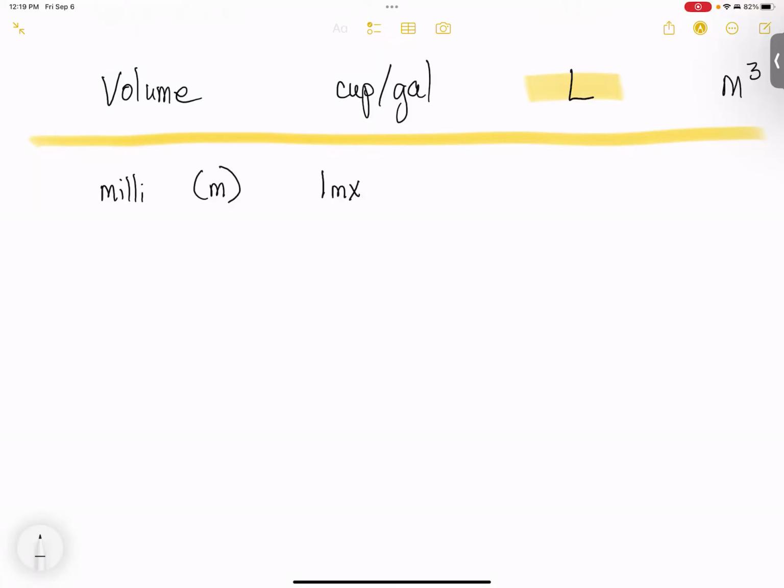It could be milligram, it could be milliliter, it could be millimeter, it could be whatever. 1 milli is equal to 1 times 10 to the minus 3 of that thing. So 1 milliliter could equal 1 times 10 to the minus 3 liters.